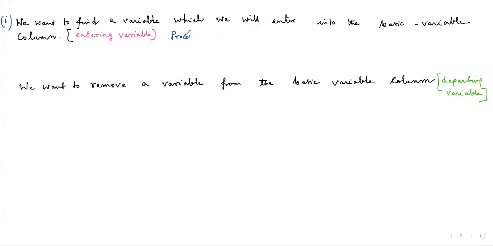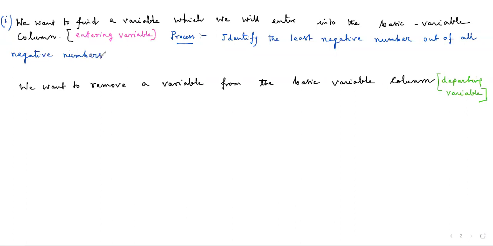The process is: identify the least negative number out of all negative numbers in Zj minus Cj, then the corresponding variable is the entering variable.